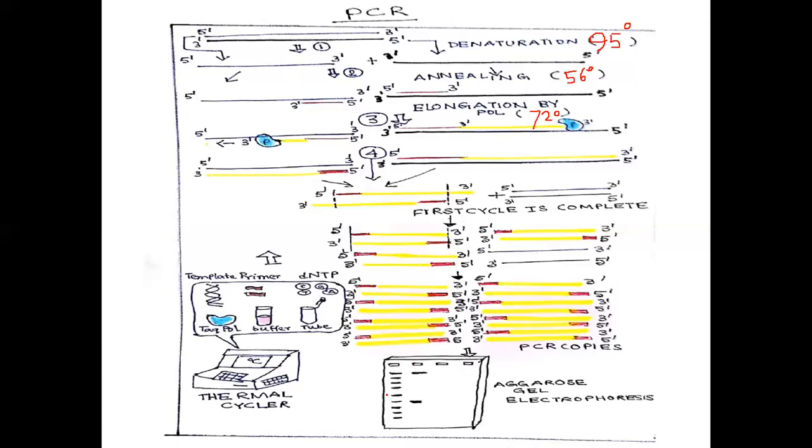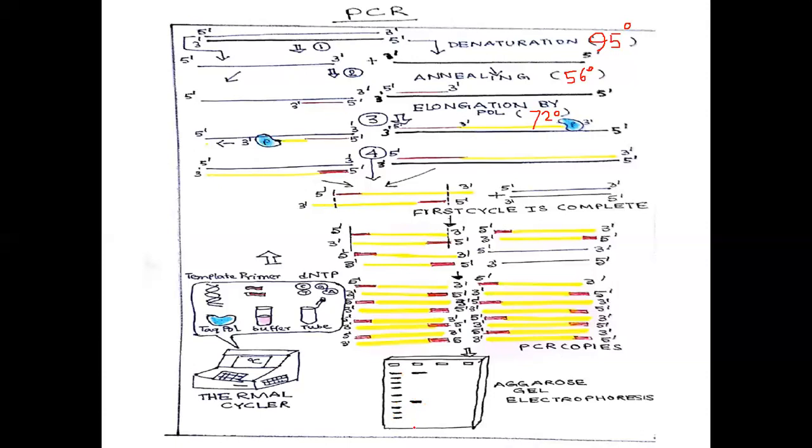We run a DNA ladder with different base pair fragments in a gel, and after PCR we can get two different fragments, because one will be bigger, that is the template DNA, and one will be at our target location. Suppose this was our target base pair, and if we get bands at this particular location, we will be confirmed that our PCR is successful. We have got the target sequences.